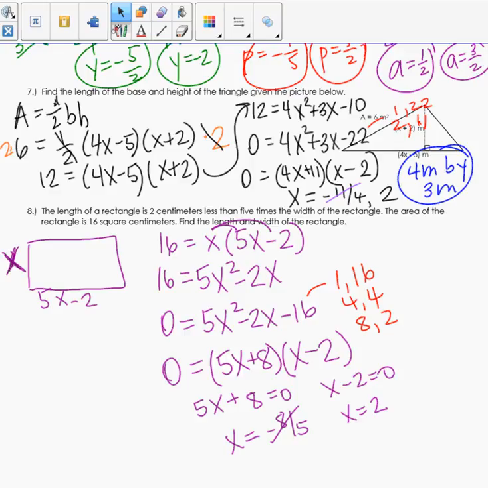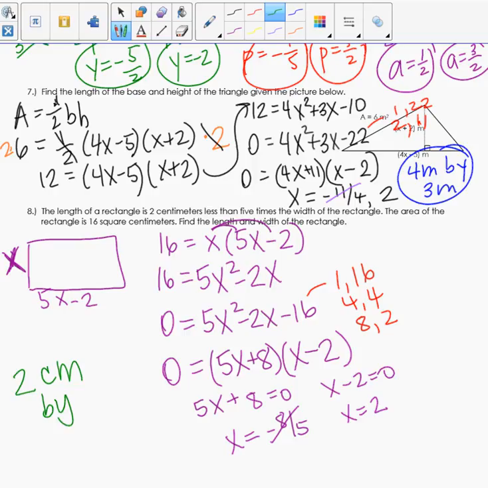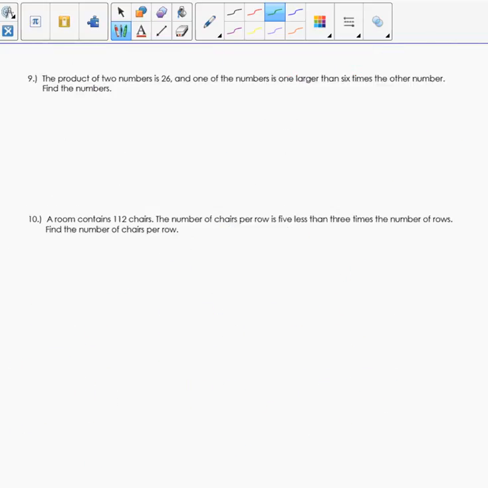So if it's asking for the dimensions, I would say, okay, awesome. Well, this side is 2, so 2 in this case centimeters, by, if I plug 2 in here, 5 times 2 minus 2 is 8 centimeters. So those are your dimensions. Okay. All right, on the back, the last two.